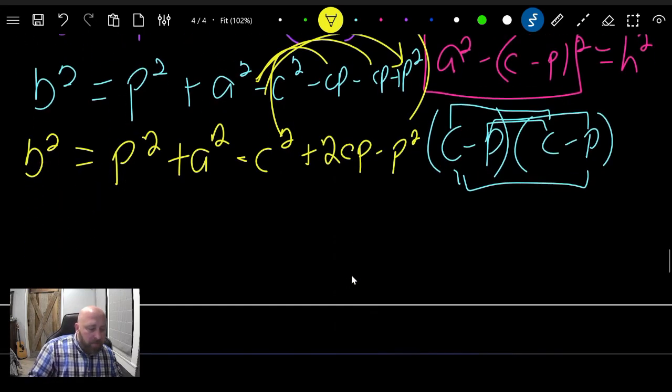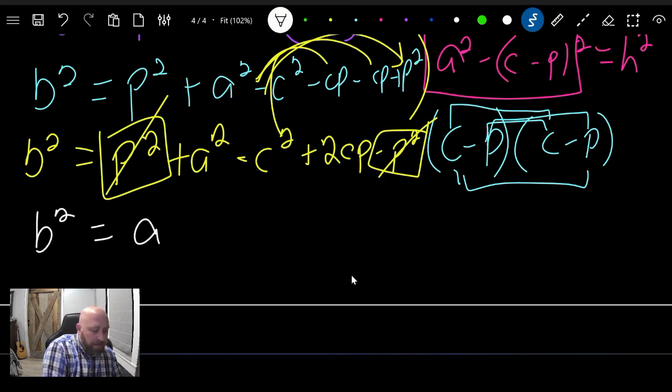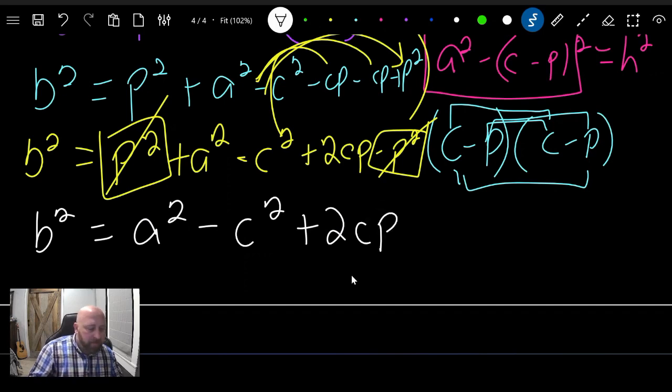Now we can keep simplifying. So look, we have P squareds. One's positive, one's negative. That's going to cancel out. So we end up with B squared equals A squared minus C squared plus 2CP, and that's it.